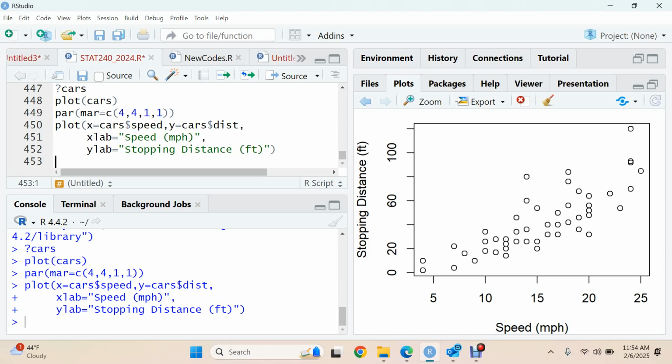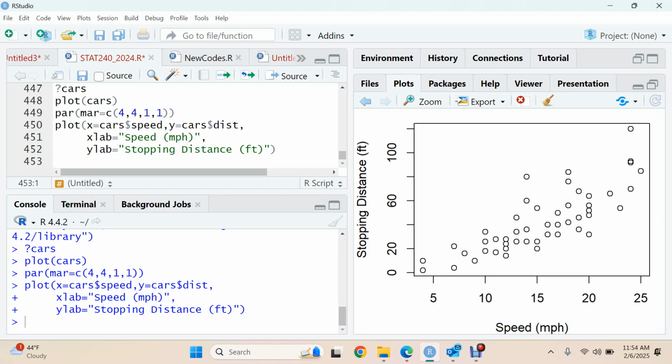What can you say about the relationship between the stopping distance of a car and the speed at which the car is traveling? Yes. What can you say about the relationship between these two?